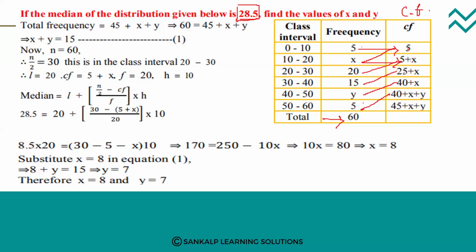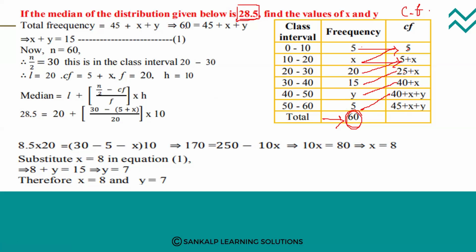Now, the total value they have given is 60. This is given in the question. Now, consider the last cumulative frequency, 45 plus X plus Y, which is equal to the total frequency 60.